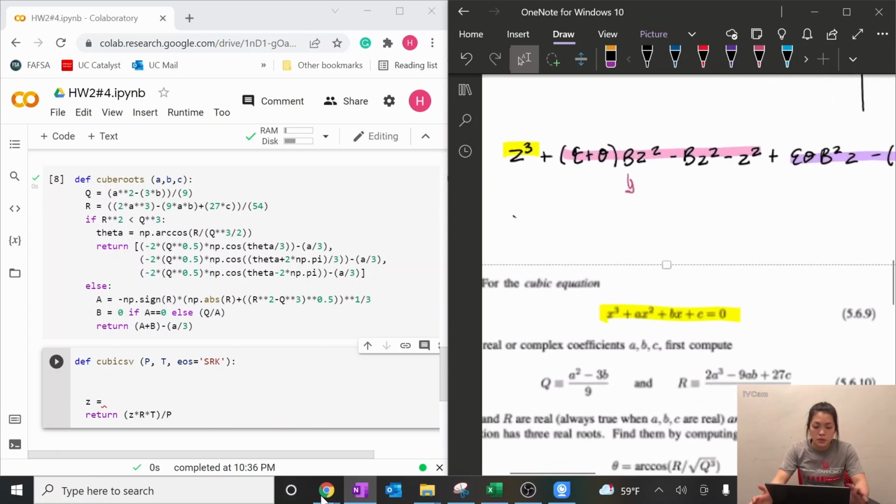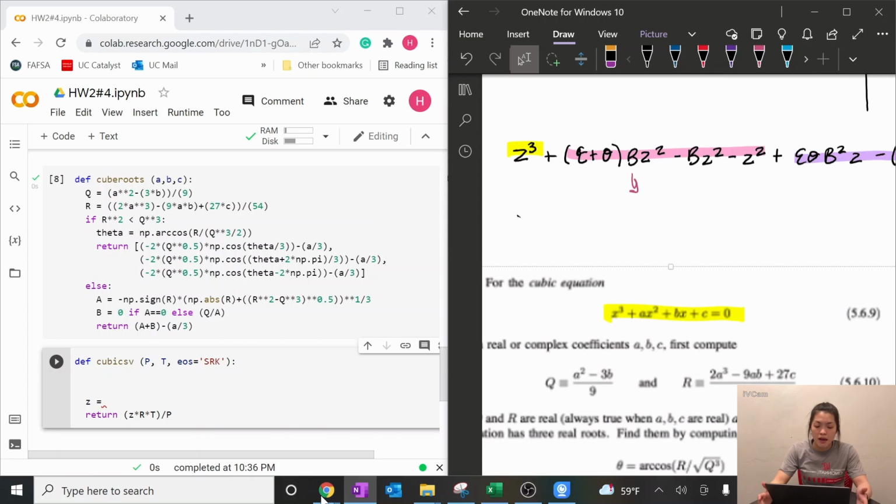And so for a cubic equation, we have x cubed plus ax squared plus bx plus c. So the a, b, and c are the cube roots that we solve for using our cube roots function. And so we don't have what a, b, c are. We don't know what the values are, but we have a function that solves for it. So we know that it's going to use the function cube roots.